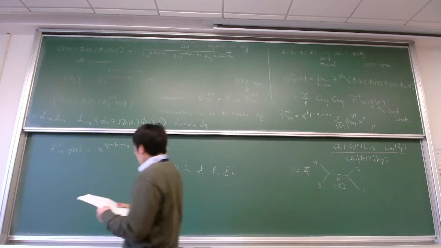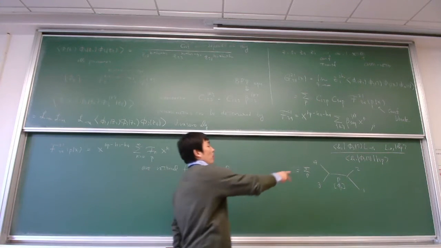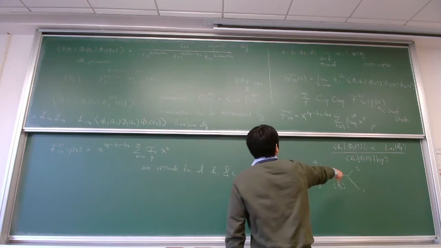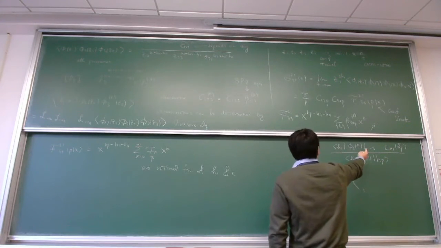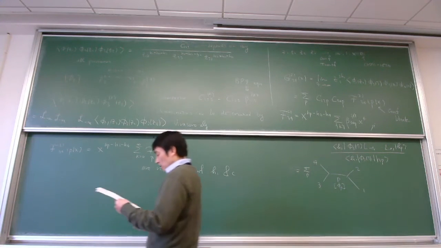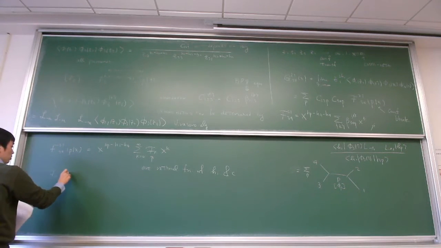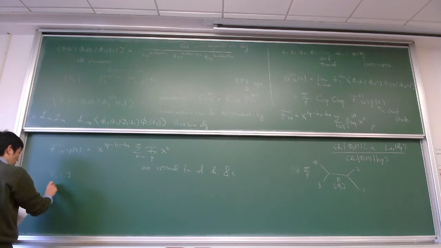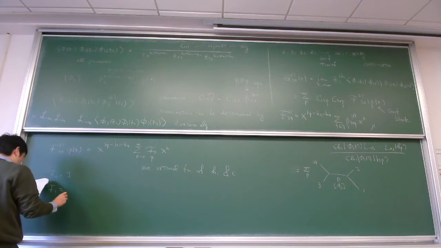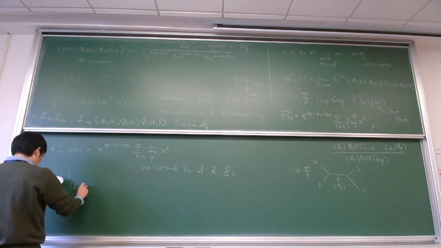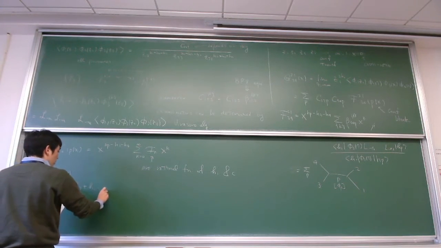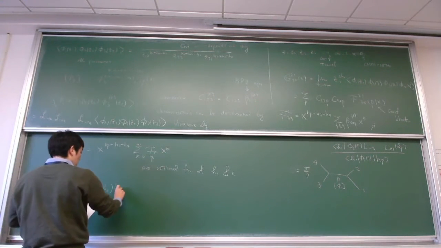In particular, this quantity can be computed by honestly solving the Virasoro algebra using commutation relations. For instance, F0 is of course 1, F1 is a famous one. This was determined by BPZ.